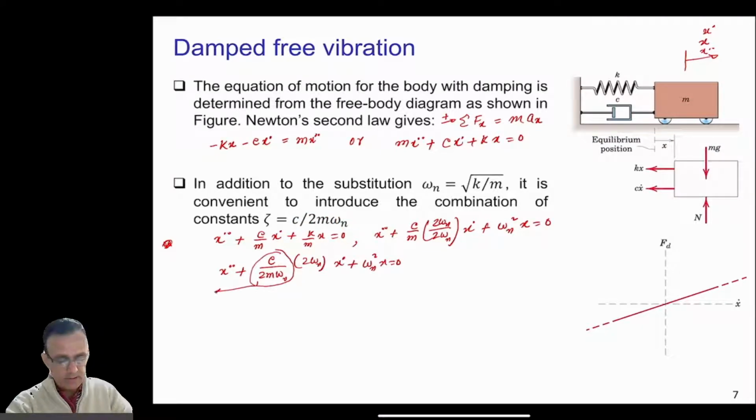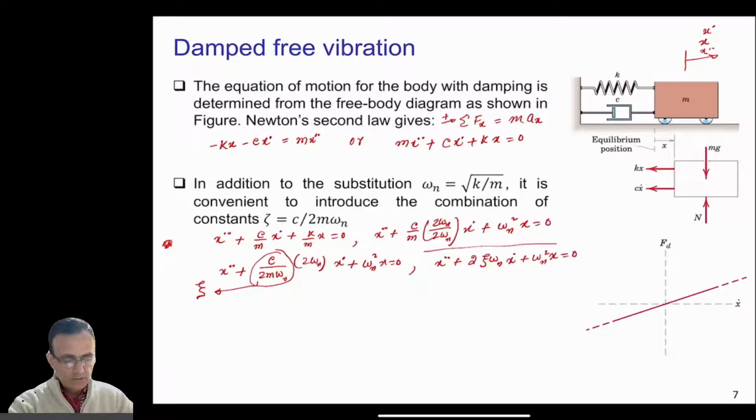We can represent this by this zeta here. So if you just represent this by zeta, the equation will become x double dot plus 2 zeta omega n x dot and plus omega n square x equal to 0. So this is now the equation that we simplified, and it becomes this equation here.